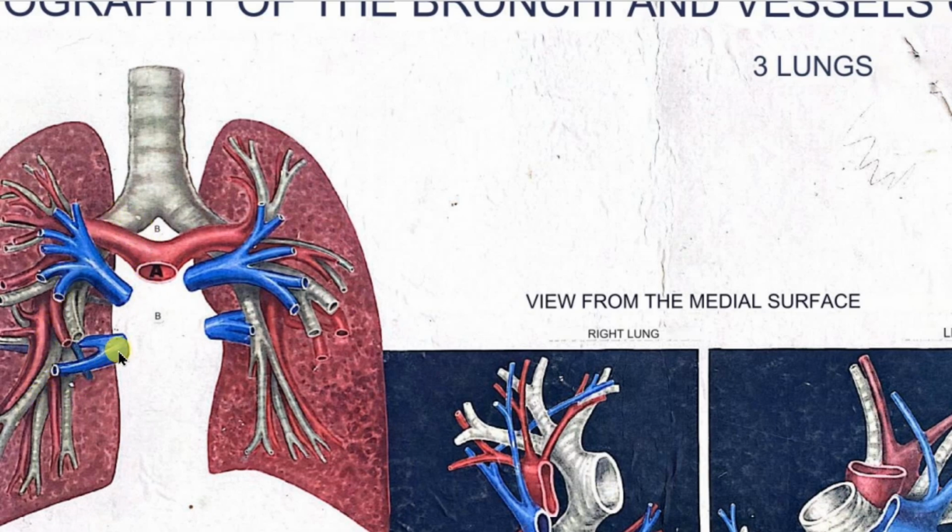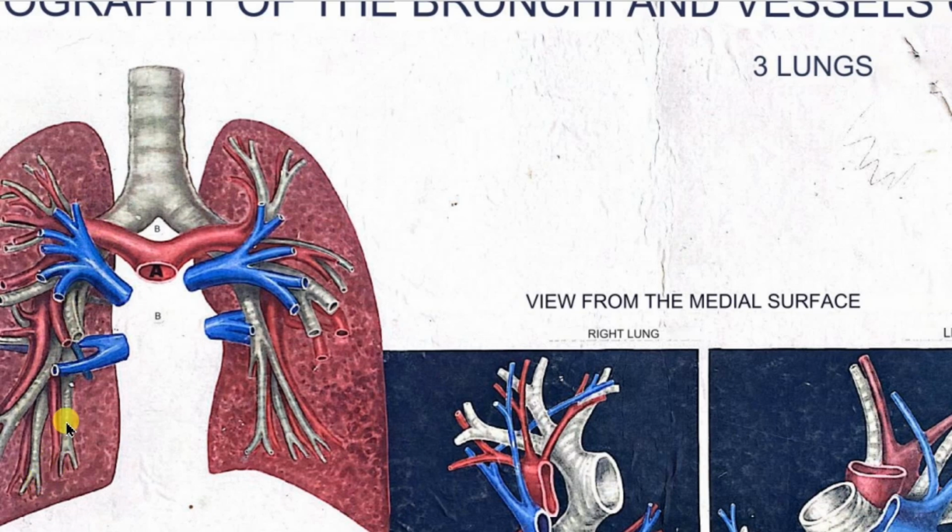It is the mediastinal surface of each lung where the hilum is located. The constituent anatomic structures of the lung root are located here. What are the structures? Bronchus, pulmonary arteries and veins, bronchial vessels and nerves, lymph nodes, and other structures are also available.